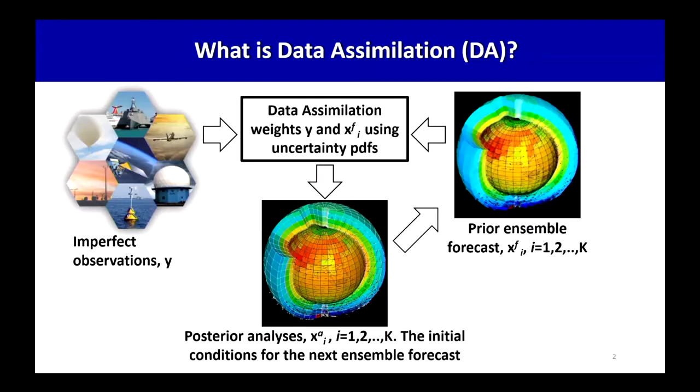So what's happening with 4D-Var is you're actually estimating past conditions. If I was doing 4D-Var right now to do an analysis for the time right now, I'd go back in time at least 12 hours, if I was doing the ECMWF.